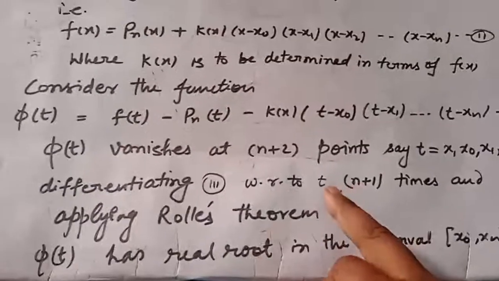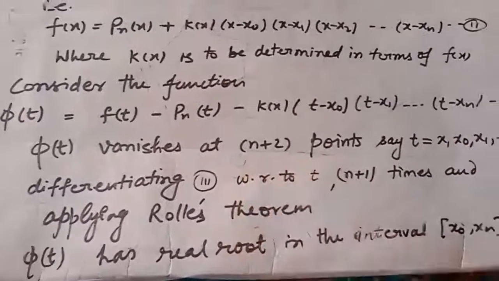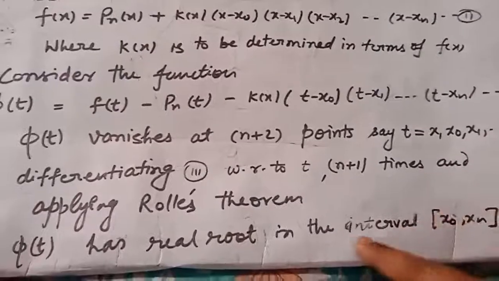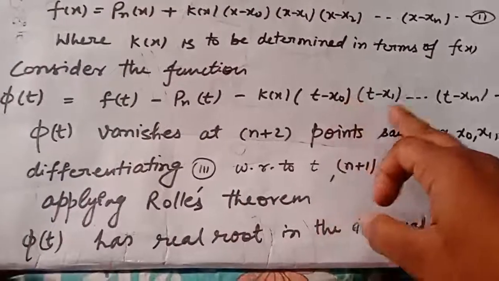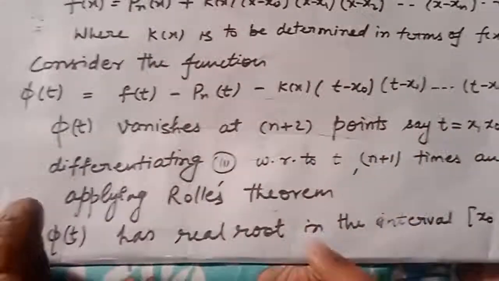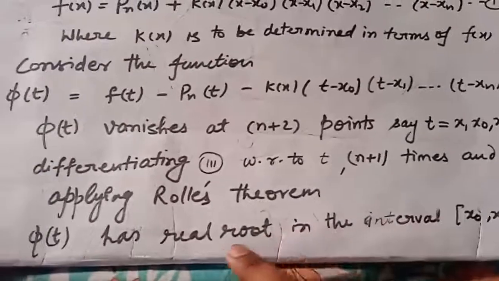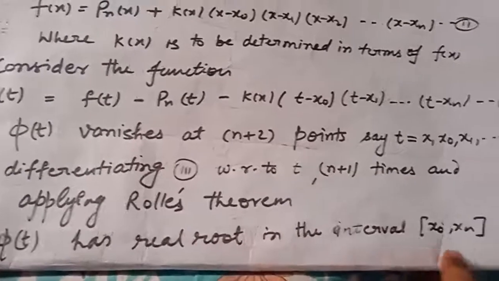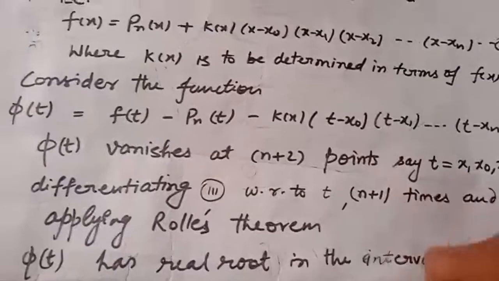So here this function possesses n+2 continuous derivatives, and the (n+2)th order derivative is 0. We will differentiate it for x0, x1, x2 and xn, not for x only. So we differentiate only n+1 times, and phi(t) has a real root in the interval x0 to xn, so differentiate it n+1 times and apply Rolle's theorem.